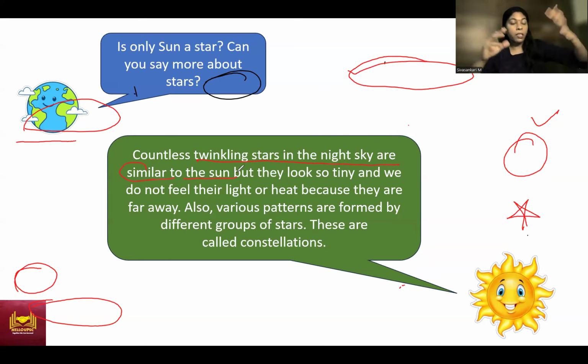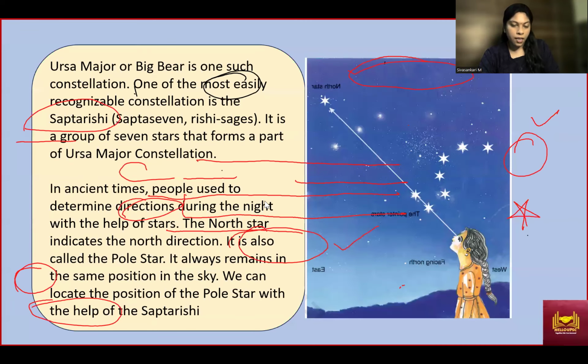They are also like the sun only, but they are very, very far. Bahut dur hai. So that is why they are very small, like a tiny dot, like a speck on the sky. They look so tiny and we do not feel their light or heat because they are very, very far away. And you can see various patterns formed by different groups of stars, we call them constellations. Constellation. This is another word which you have to know. Constellation means a group of stars forming a pattern. Okay. And then we'll talk more about this.